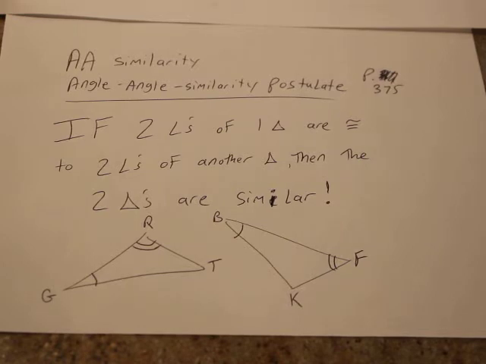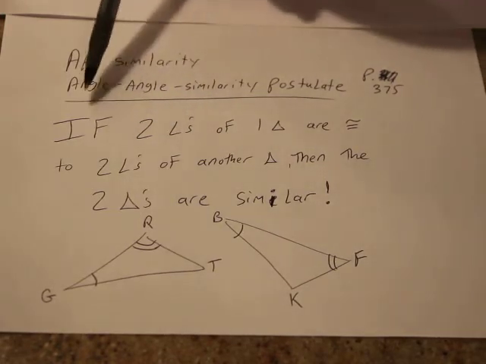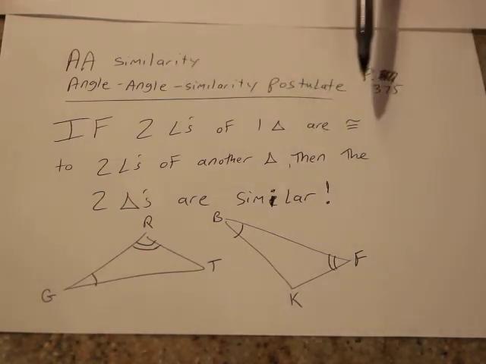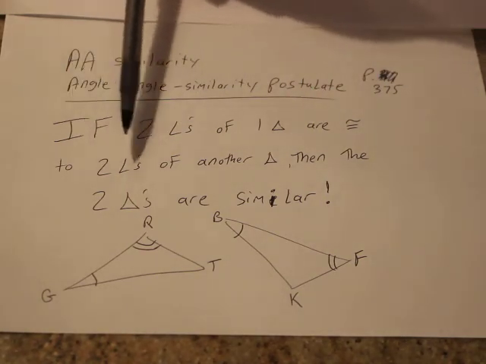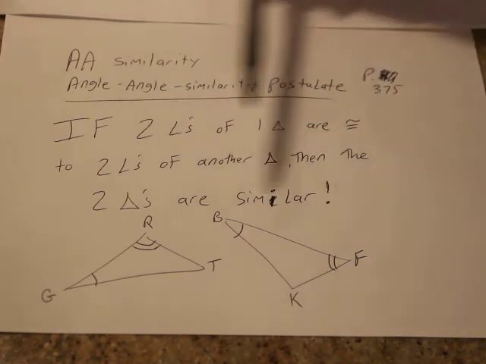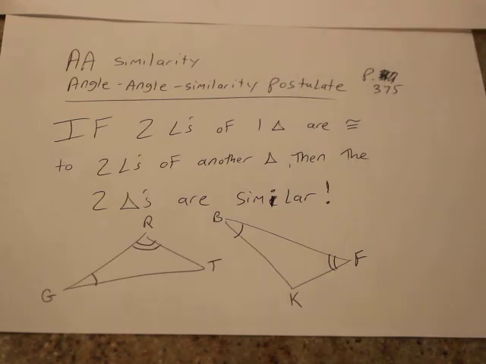We're sticking with similarity and similar triangles in this chapter, and we are talking about the angle-angle similarity postulate, which states if two angles of one triangle are congruent to two angles of another triangle, then the two triangles have to be similar.